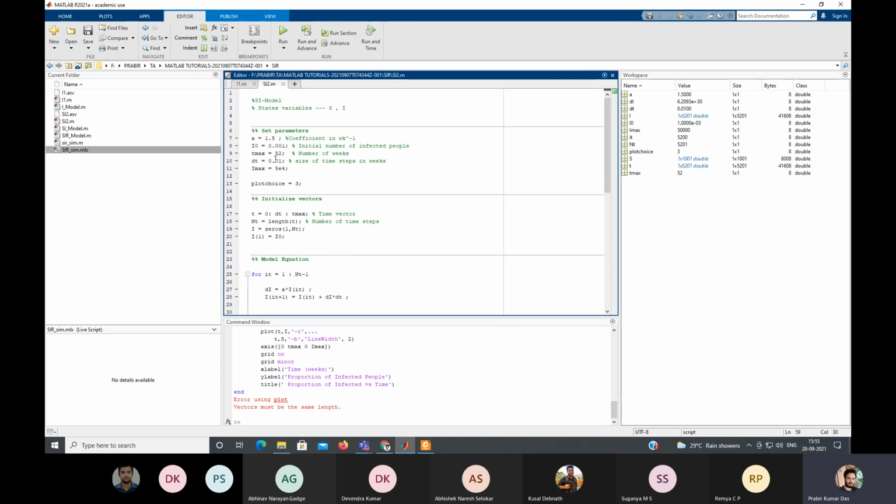Oh, we just changed this T max. That is why it was showing like this.